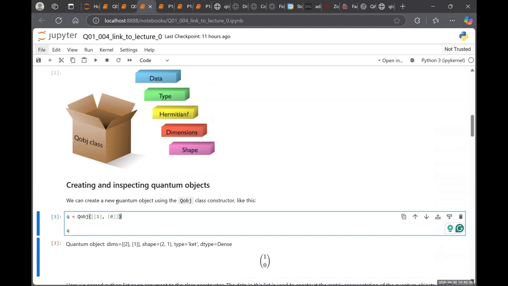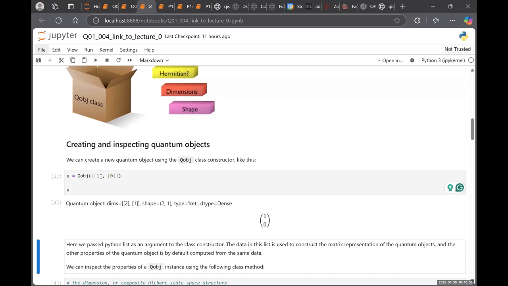So to create a new object, you would use this Qobj class constructor, Qobj and 1, 0. This Qobj has dimension 2, 1, shape 2, 1. It is a column vector like this, 1, 0. You can regard this as a qubit with state 0.